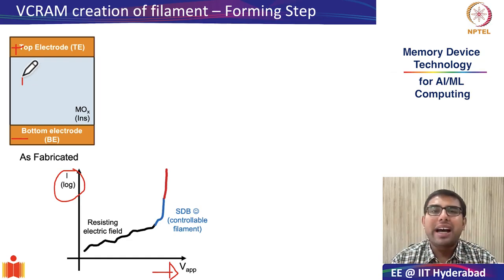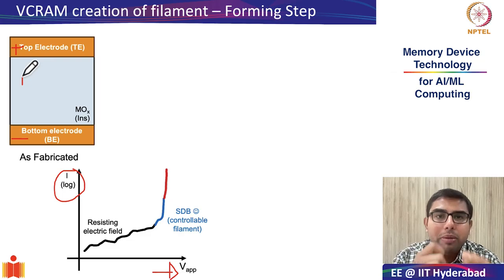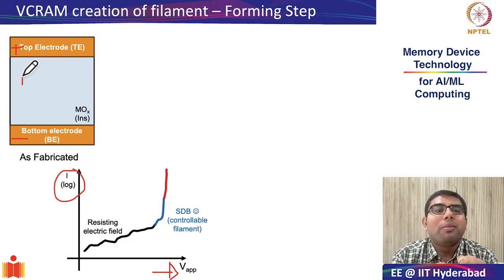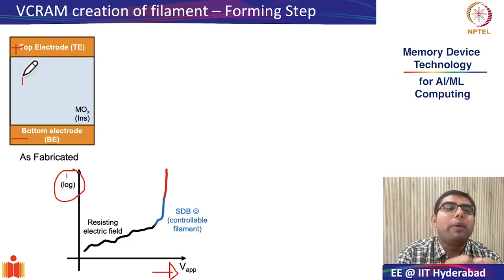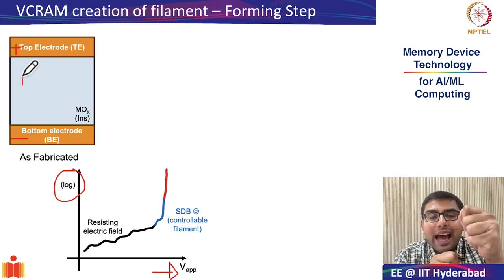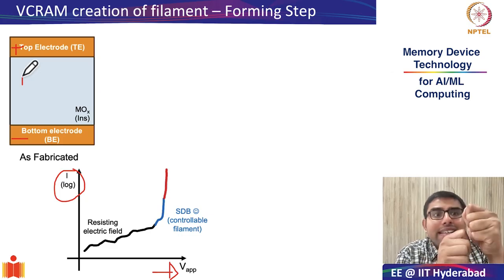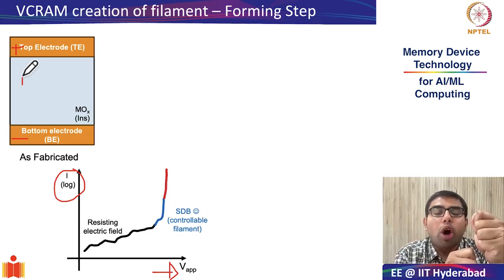At zero bias, the centroids of cation and anion will be very close to each other, but as you start cranking up the electric field, the cation will move closer to the negatively charged bottom electrode and the anion will move slightly towards the top electrode.